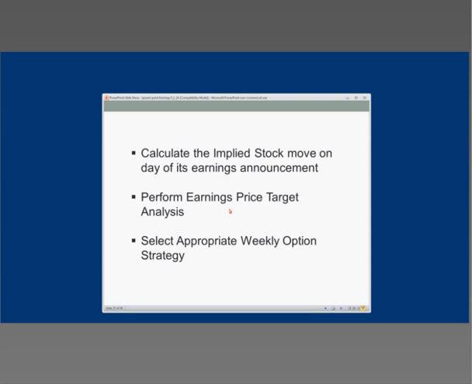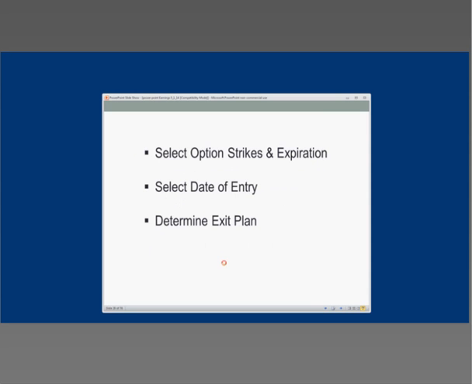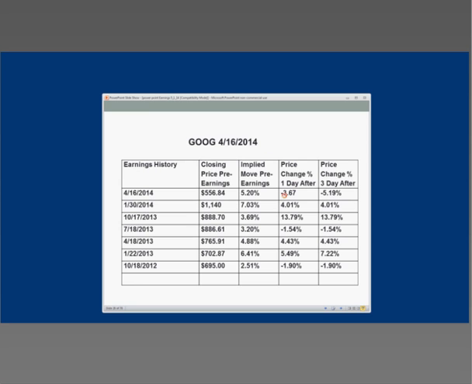I just want it to go up or down a lot and take advantage of the volatility, either for a price directional breakout up or down, or a volatility collapse type trade setup. So then the other thing to do is select the appropriate weekly option strategy based on all this information, and then select those strike prices, the expiration, date of entry, and determine your exit plan. So these are all that pre-checklist that I go through on each trade.